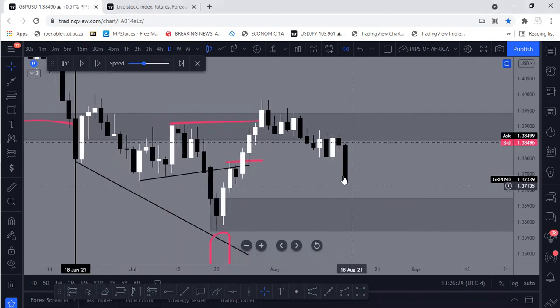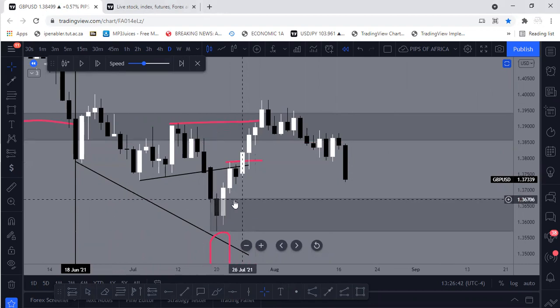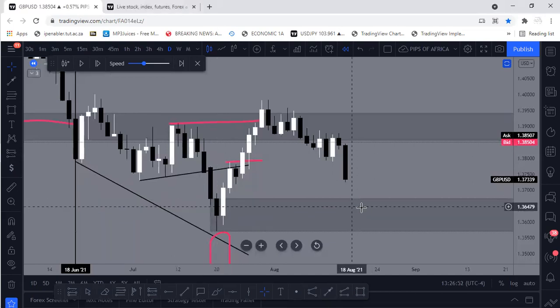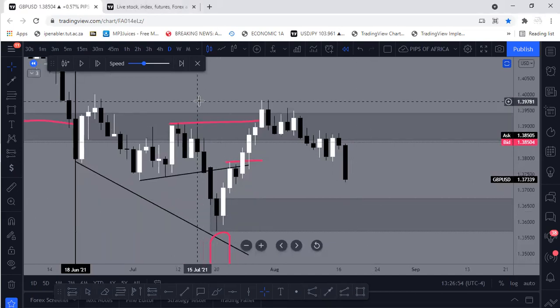The price was currently here, and then the price took off from this low here and went to the upside. They can't leave this low hanging like this, right? So I waited for the price to come back around this zone. This is, by the way, the daily time frame.